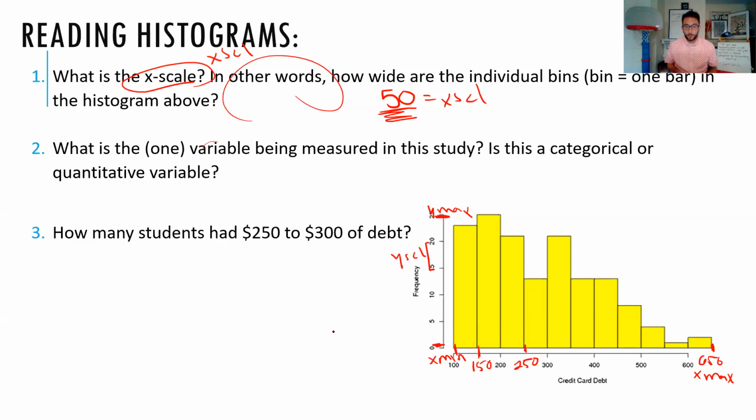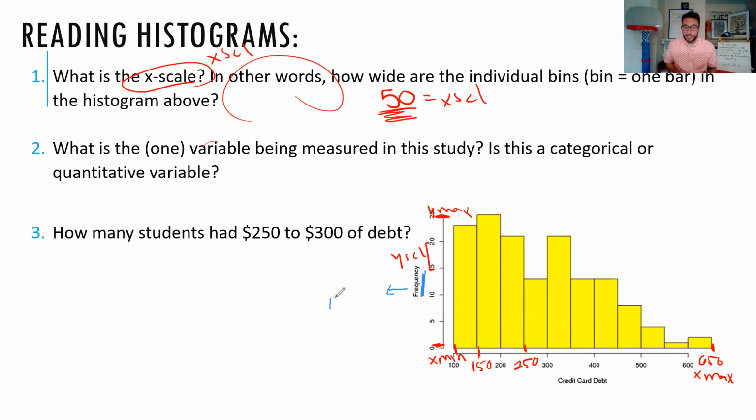A histogram shows us the distribution of one variable. Hopefully you paused this and tried these on your own. The frequency on the left side is not a variable. It's not a thing we're measuring.